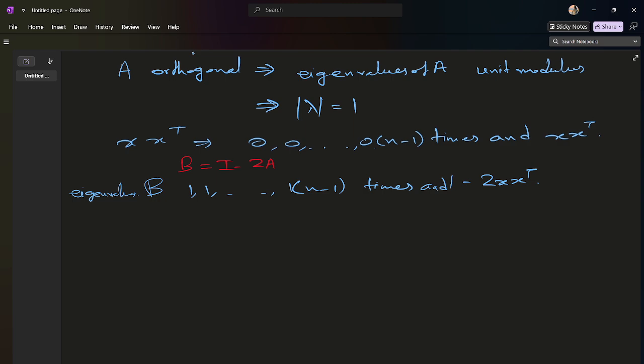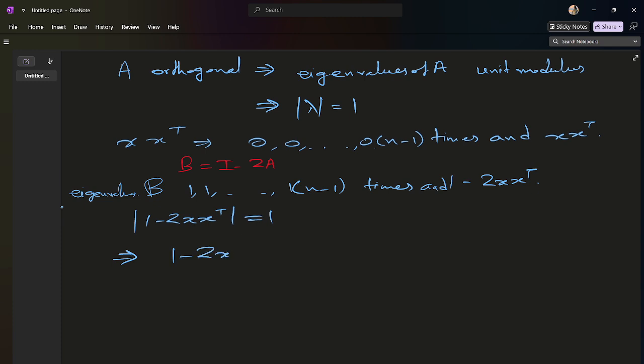The modulus of each eigenvalue of B is 1, so the mod of 1 minus 2 x transpose x equals 1. Then two cases arise.